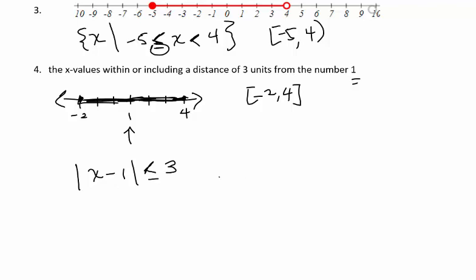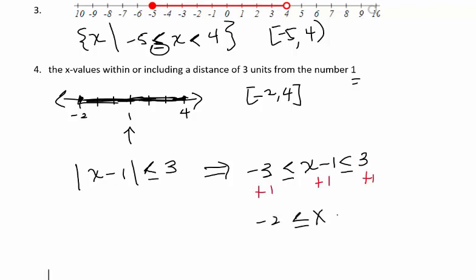And then if you think about rewriting this inequality as a conjunction, we'd say x minus 1 is less than or equal to 3 and greater than or equal to -3. And then add 1 to every side. So we're left with x is between -2 and 4 inclusive.